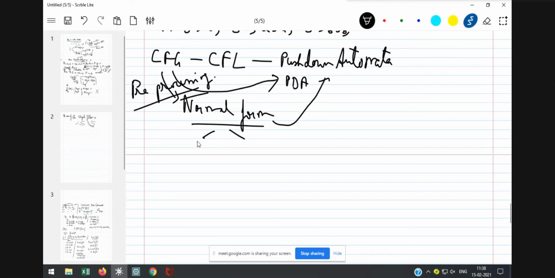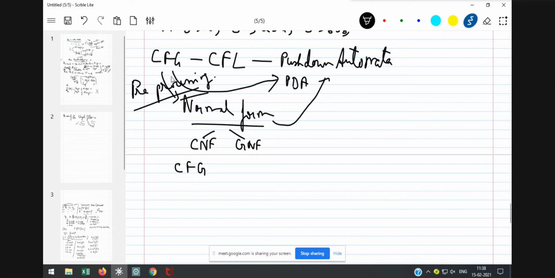There are two types of normal form. The first one is known as CNF. I'm not going to talk about the full name of this CNF, I'm just mentioning it. And the second one is known as GNF. Now let me draw a flow chart in a very short way. Given a CFG, my target is to design a push-down automata for it.